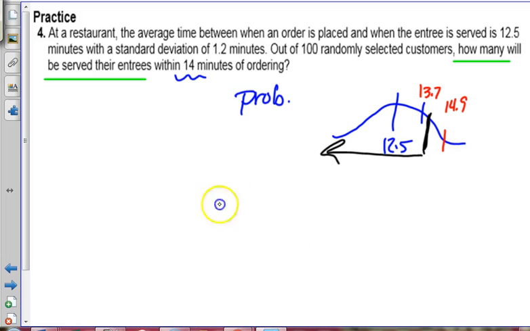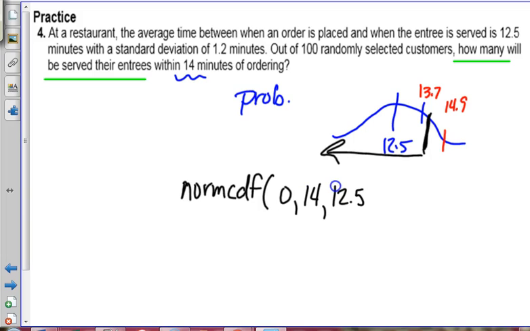All right, so we want to say the combined area of the bottom, you can default to whatever it defaults to or nothing, okay? From 0 time, that would be the shortest time you could get your food in, to 14 minutes, where the mean is 12.5 and the standard deviation is 1.2.